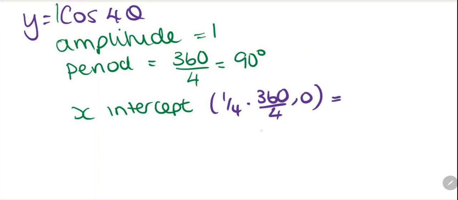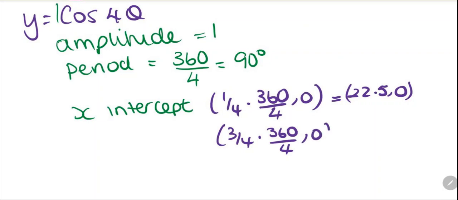So a quarter of 360 divided by 4, 22.5, 0. So that's our first intercept. And the second one will be at 3/4 multiplied by 360 divided by 4, which will be at 67.5, 0.